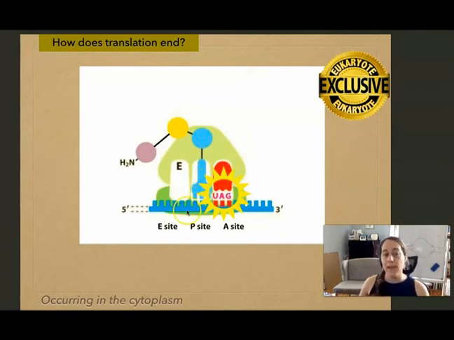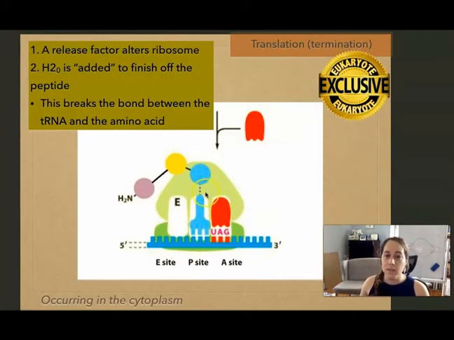So after that process occurs, just pretend there's not even any dots here, you're not going to have the ester bond here between the tRNA and its amino acid. So there's really nothing holding this peptide chain in the ribosome anymore.